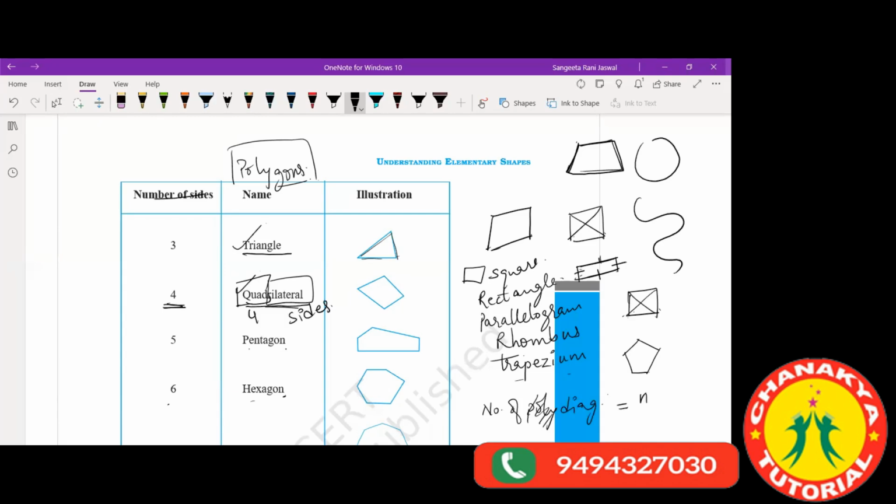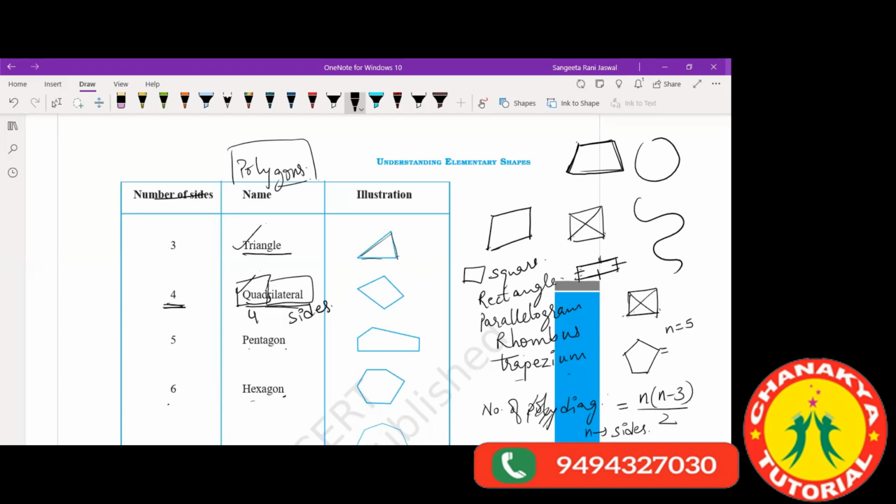We always use the formula n into n minus 3 by 2, where n is the number of sides. Suppose a pentagon has 5 sides, so n is 5 in this case.